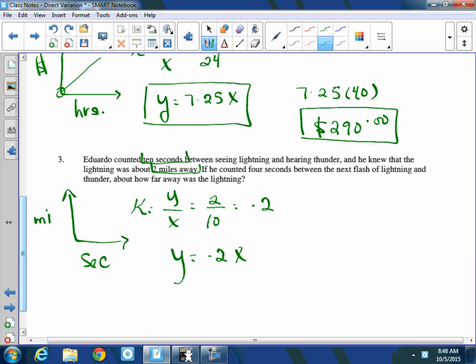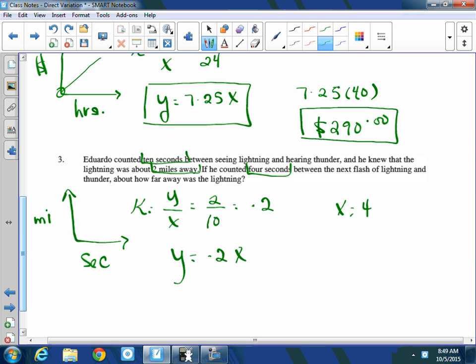If it counted 4 seconds, what would that be, x or y? Seconds, so x. So now my x equals 4. How many miles away would it be? 10 seconds was 2 miles, so 4 seconds is going to be closer.